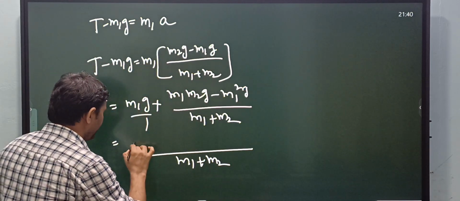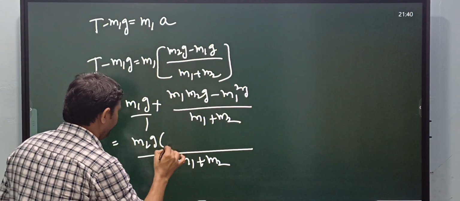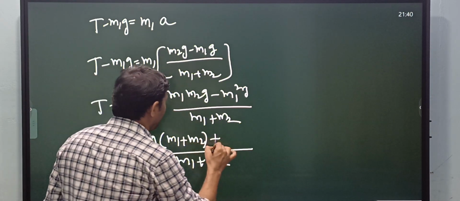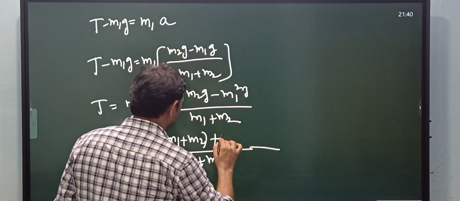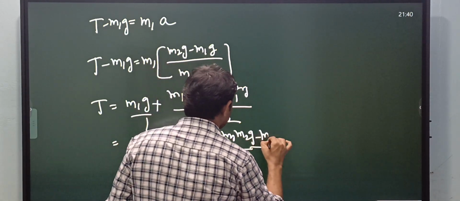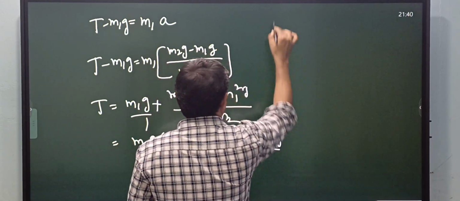So now m1g into (m1 plus m2) plus m1 m2g minus m1 square g.